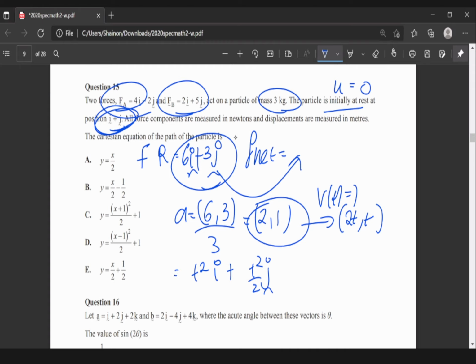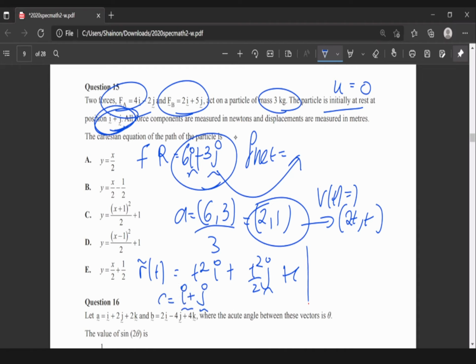That's going to be r(t) plus C. Since we know that when t equals 0, the original position is i plus j, so then C equals i plus j.